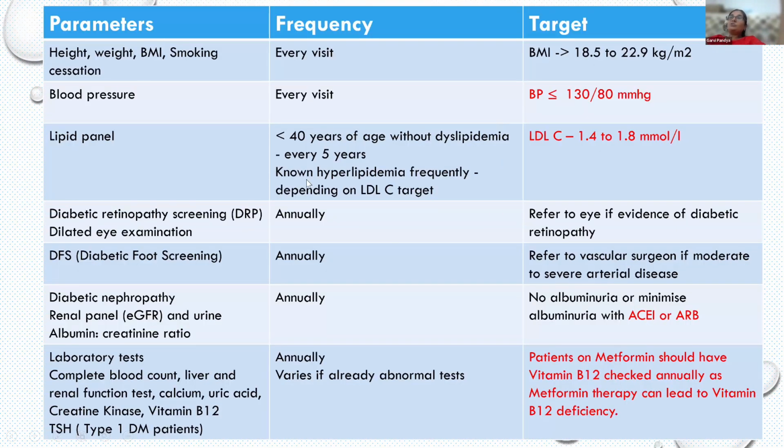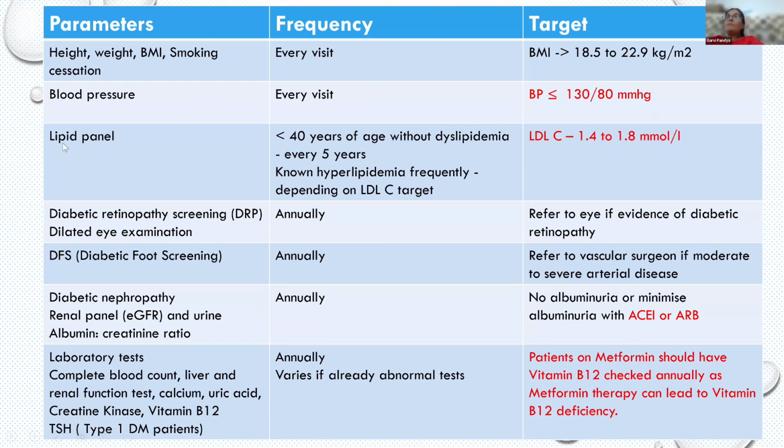What are we supposed to monitor during each visit of the diabetic patient? Again, the BMI. If they are smoking, advise smoking cessation, and also advise on the BMI target. Blood pressure should be measured at every visit, and the target should be less than 130/80 millimeters of mercury, so they have a stricter blood pressure control.